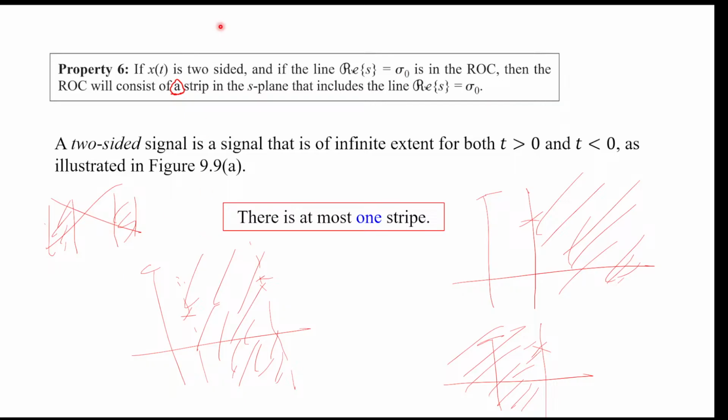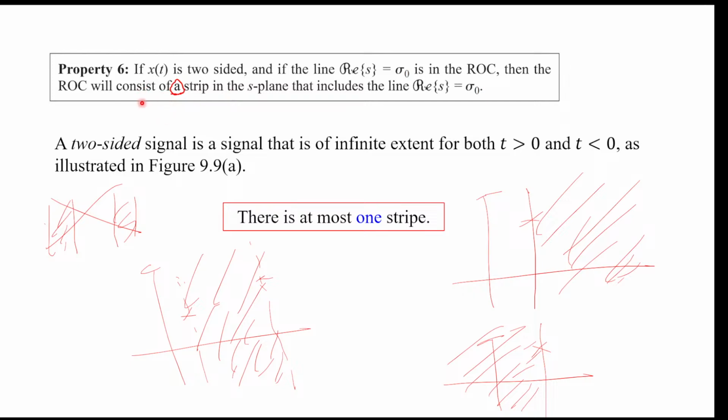Okay, and then the next part, we combine both property 4 and 5 to get property 6. So now we have basically an arbitrary x of t, so x of t is two-sided. If x of t is two-sided, basically an arbitrary function, then our ROC will be a strip.